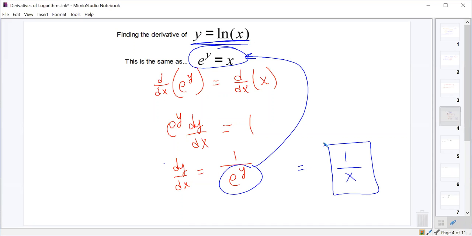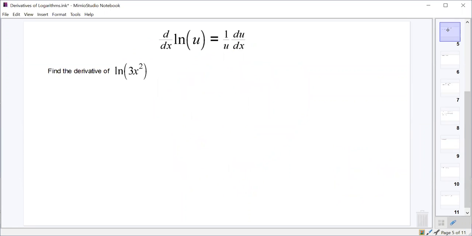And so the derivative of natural log of x equals 1 over x. Easy enough? Cool. So that's a rule that we're going to want to memorize. Derivative of natural log is 1 over x.